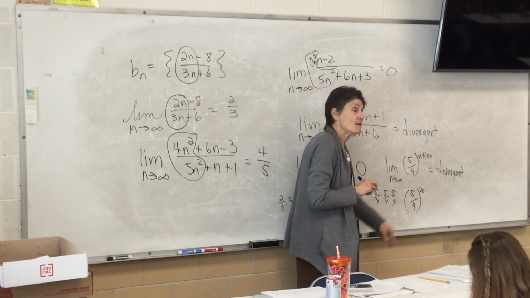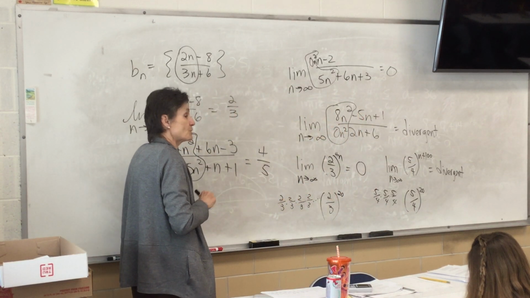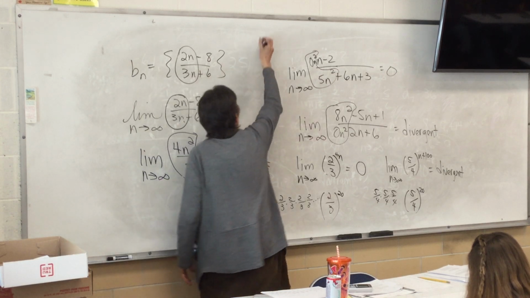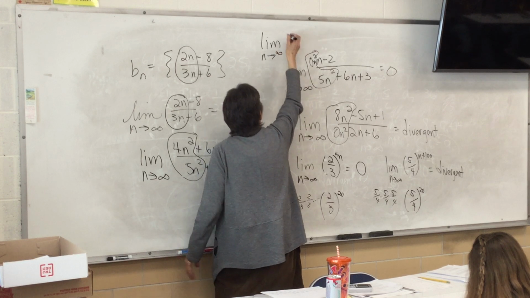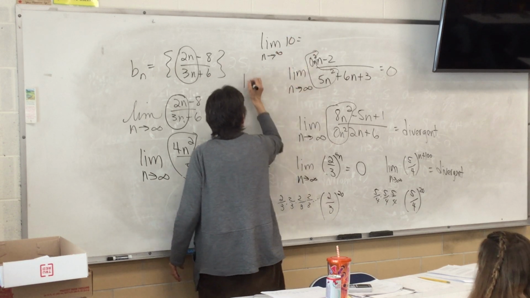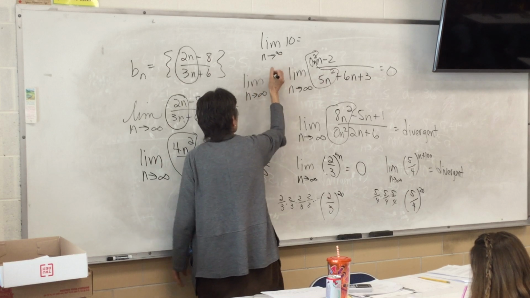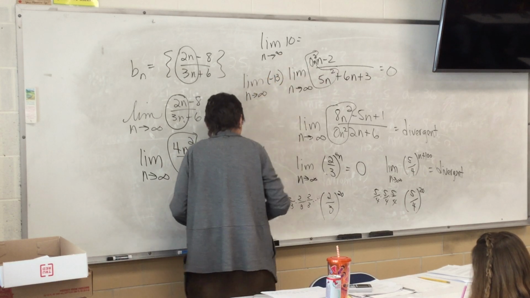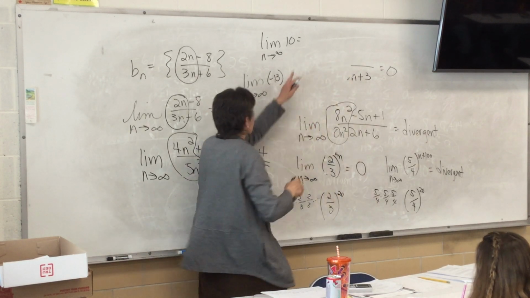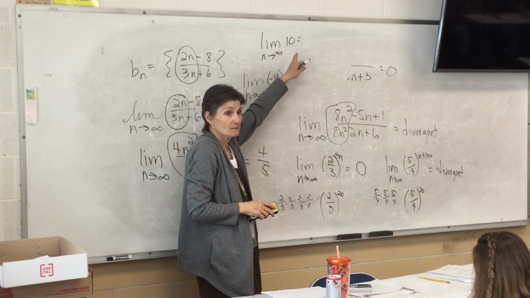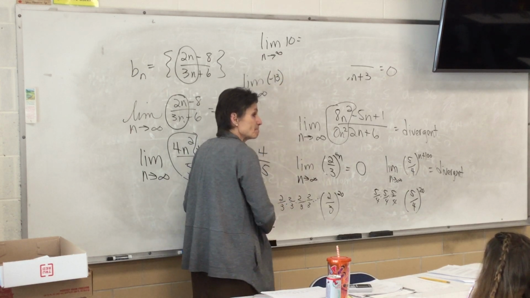Okay, and then the other one that I want you to be familiar with is the limit of a constant. So if you have a problem like the limit of 10 or the limit of negative 13, if you have the limit of just a number, notice no n's, just the number, any guess what that limit is?